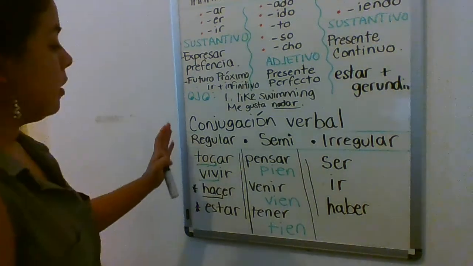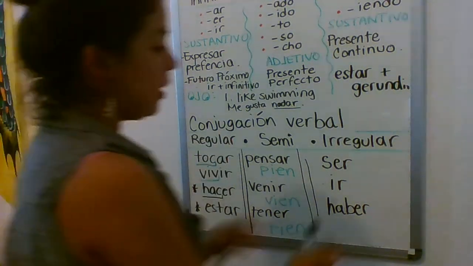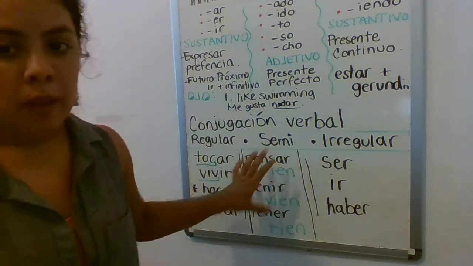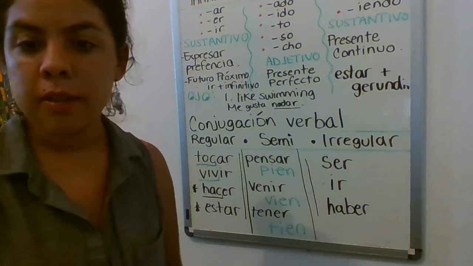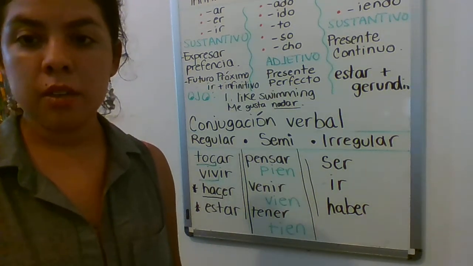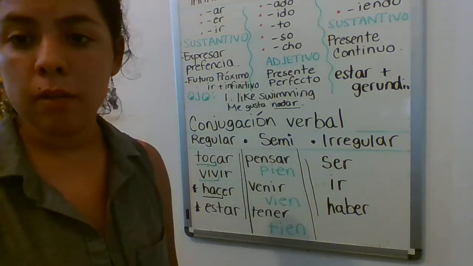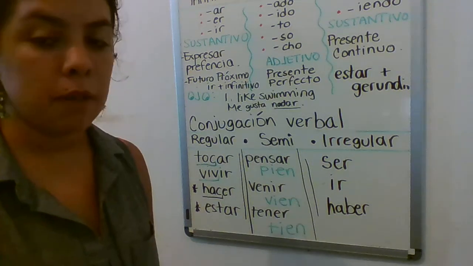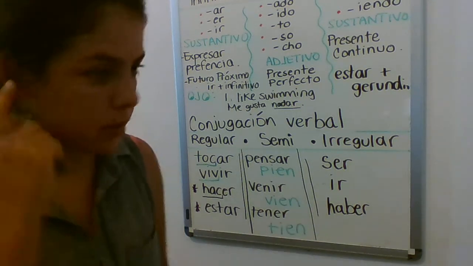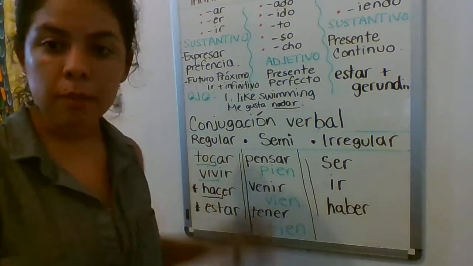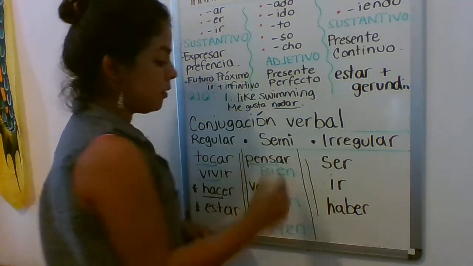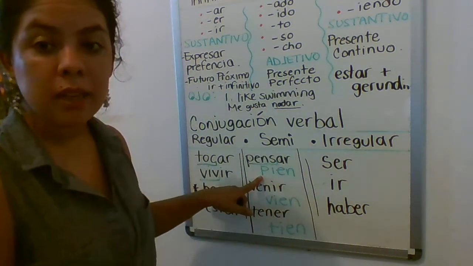Now, between the regular color and the irregular one, I have a semi-regular one. In English, you may know them as stem changers. That means the stem is going to change, but it's going to continue being regular for everybody. The stem is going to be the same for all of them, except for nosotros. Listen carefully. For the verb pensar, to think, we have this stem, P-E-N-S, but it's going to change to pien.